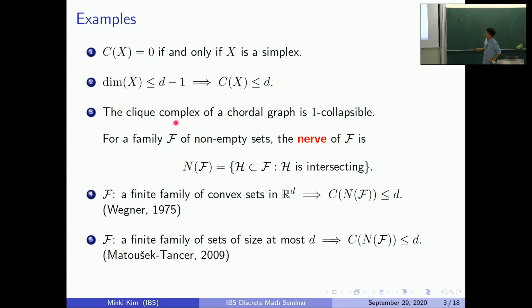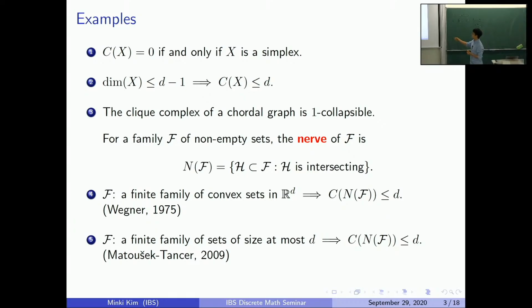And here is a less trivial one. The clique complex of a chordal graph is 1-collapsible. Here, the clique complex is a complex on the vertex set of the graph whose faces are cliques of the graph. We know chordal graphs always contain a simplicial vertex, which means a vertex whose neighbors form a clique in the graph.